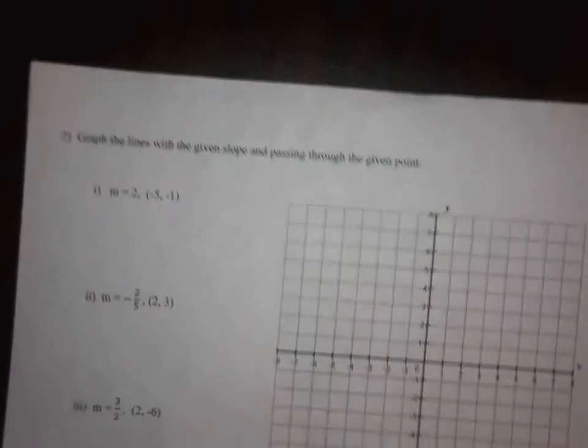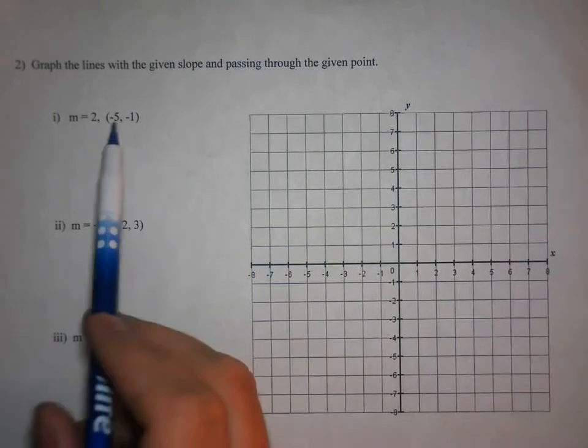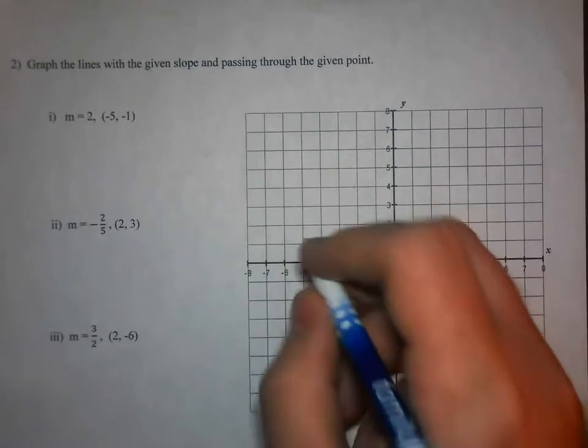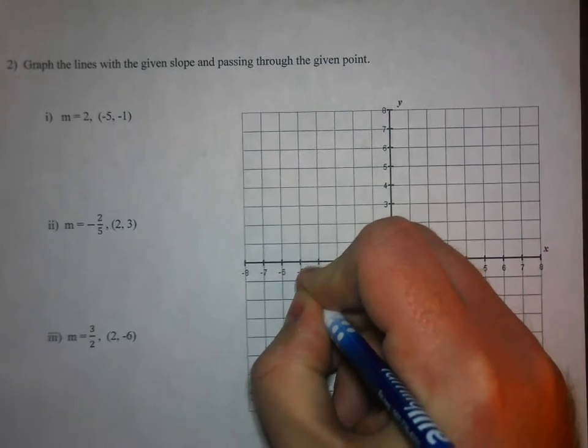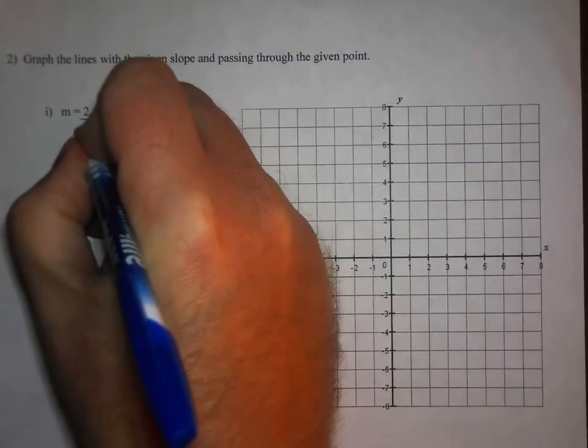So on the second page, graph the line with the given slope passing through the given point. So now (-5, -1) with the slope of 2. So this is similar to the last page. We start at (-5, -1), so we start at this point. And the slope of 2, remember that's like 2 over 1.